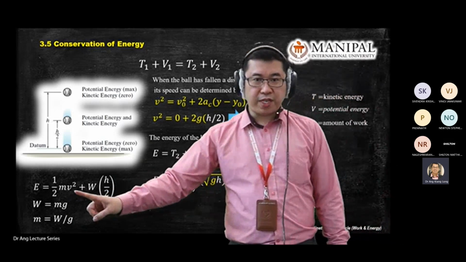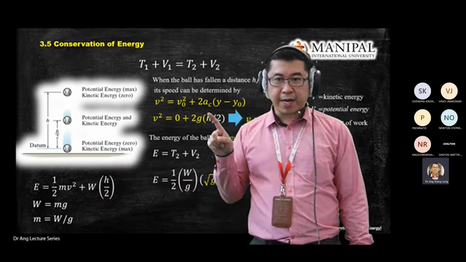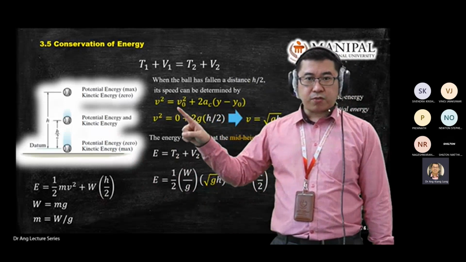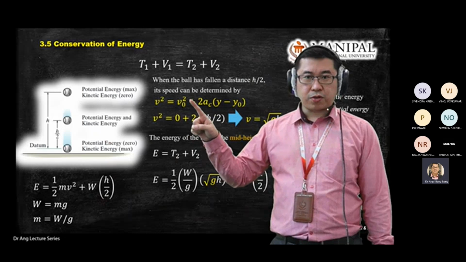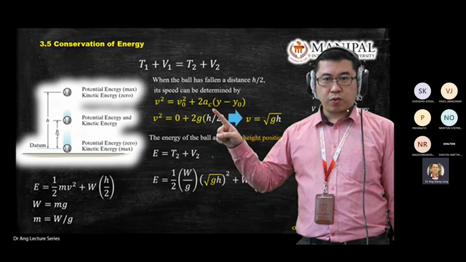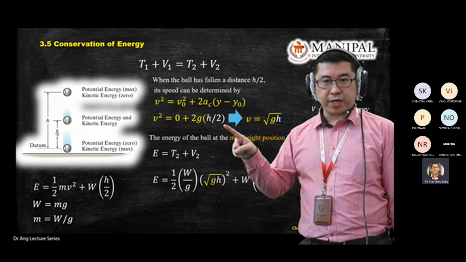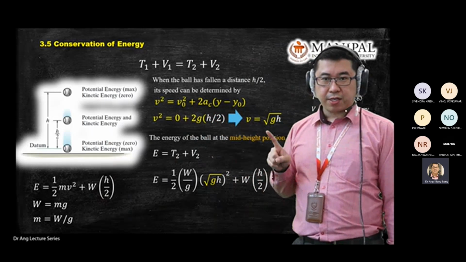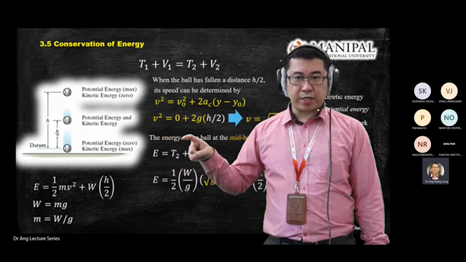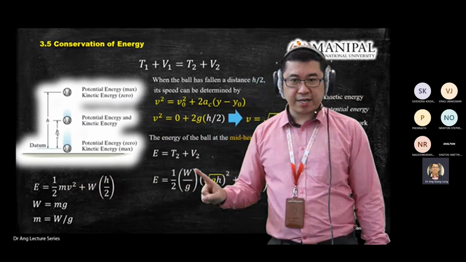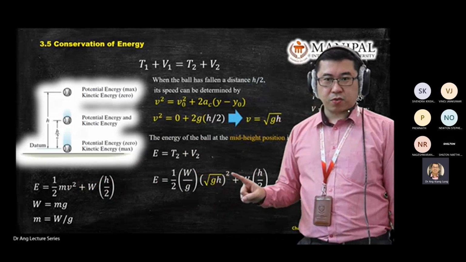How to find your v at this position? By the Newton motion equation that we derived just now: V square equals v naught square plus 2a y. You get this equation, and after you rearrange, you get your v. Substitute your v at this location here, and remember there's a square there. So bracket square.